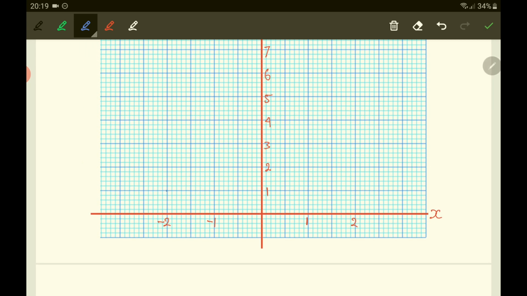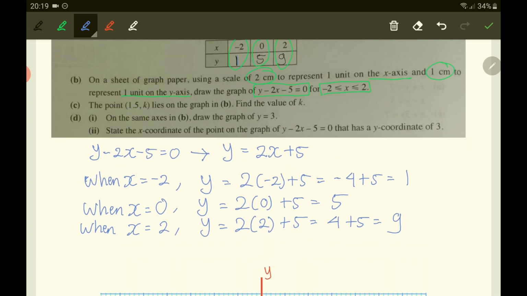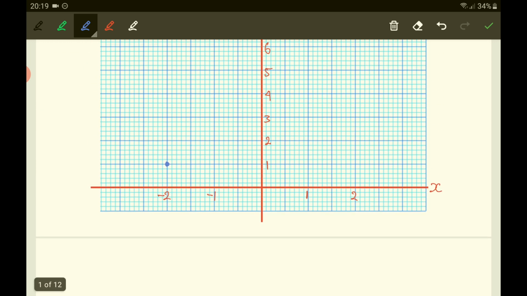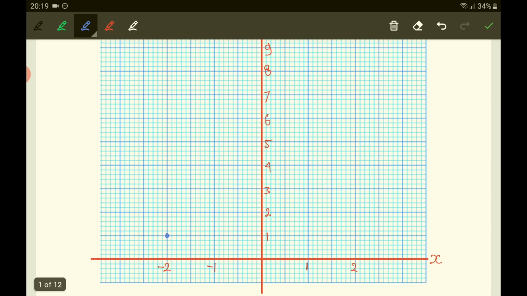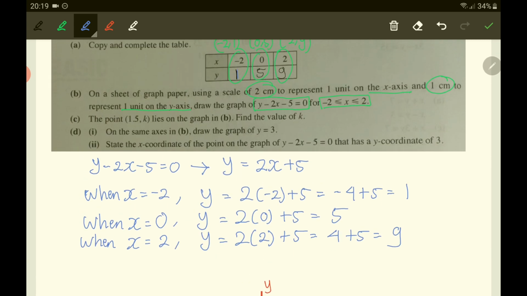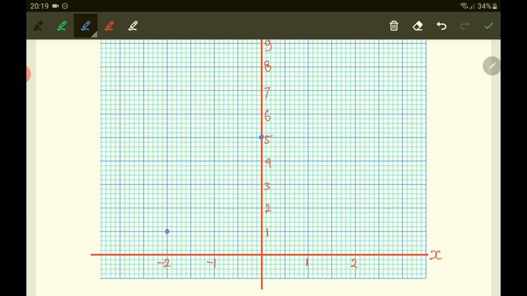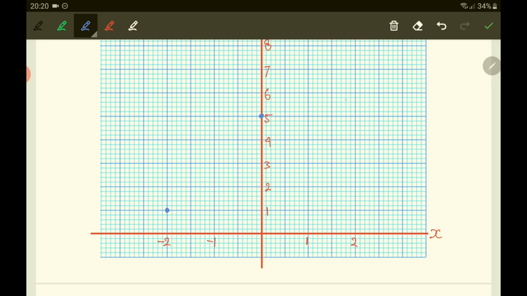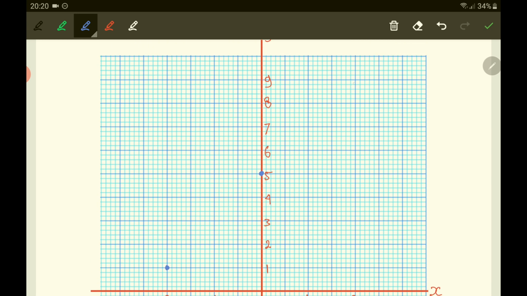So the first point is here. The second coordinate is 0 comma 5, so when x is 0, y is 5. We have the coordinate here. And the last one is 2 comma 9, so when x is equal to 2, y is equal to 9.